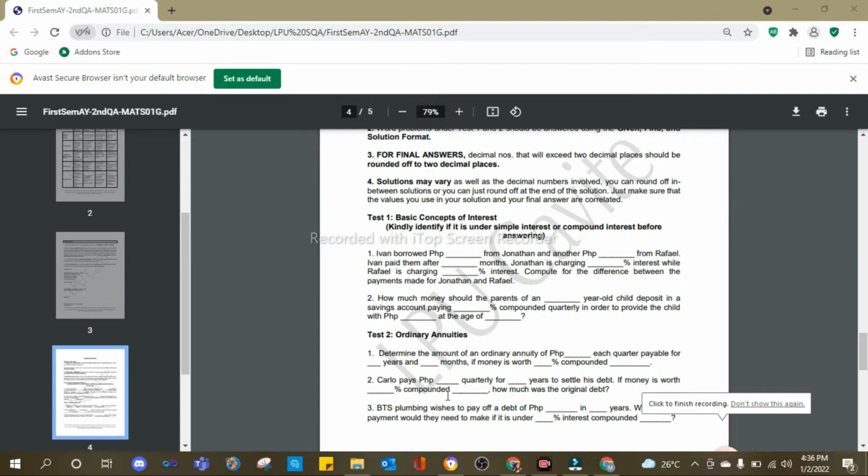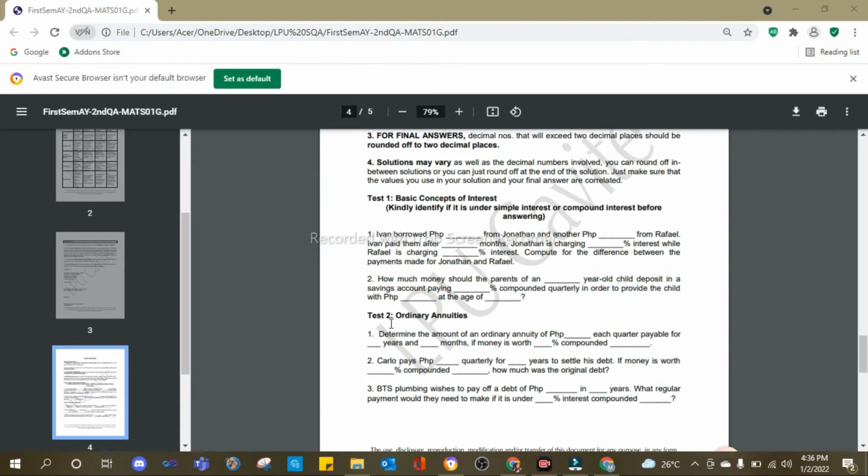Next, we're now in test 2, ordinary annuities. I chose number 1. Determine the amount of an ordinary annuity of some amount each quarter payable for some years and months if money is worth some percent compounded quarterly.